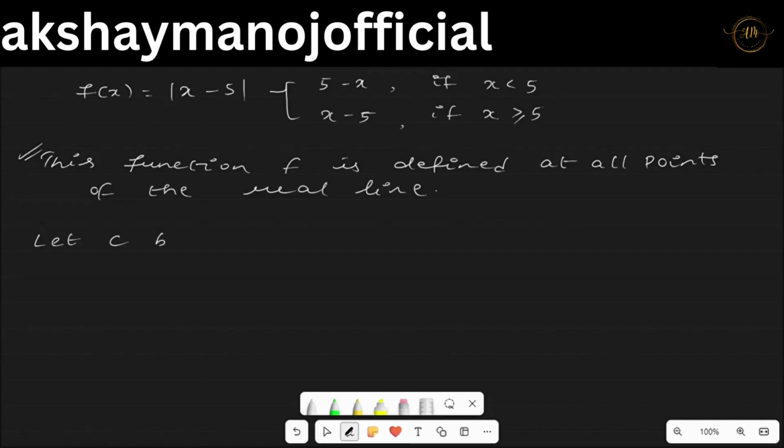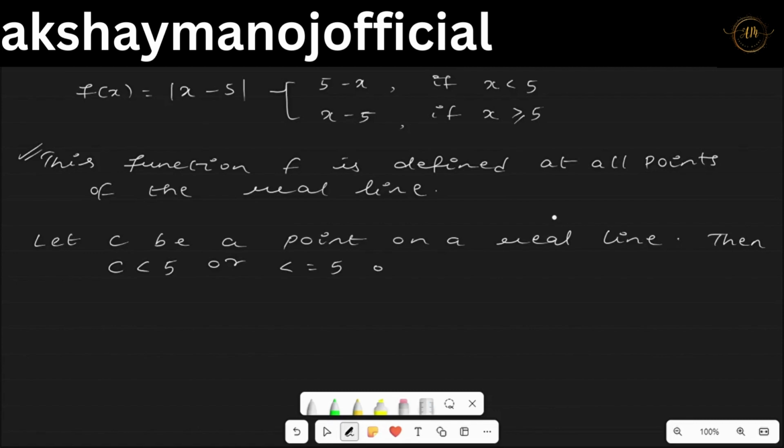Let c be a point on the real line. Then c less than 5, or c equal to 5, or c greater than 5.